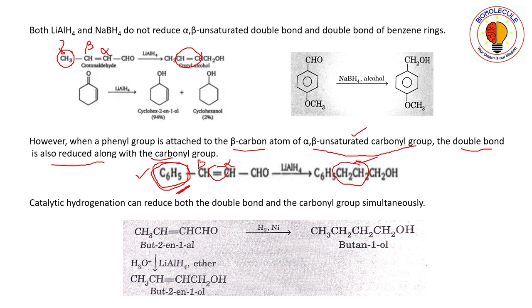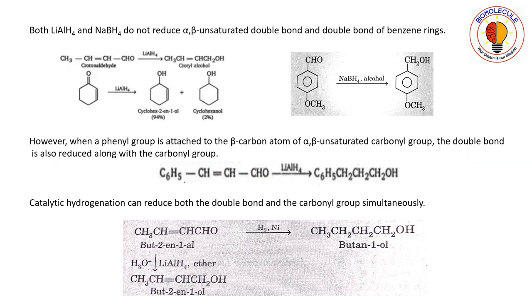Note here that this phenyl group remains intact. Only the extra unsaturation, along with this aldehyde, gets reduced. That means, if a phenyl group is not present, only this aldehyde group will get reduced, but if a phenyl group is present, then the unsaturation along with this aldehyde will get reduced.